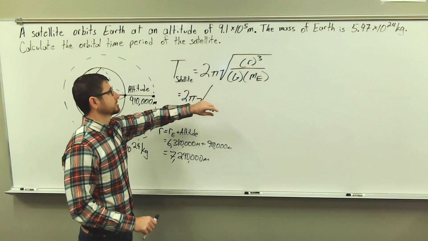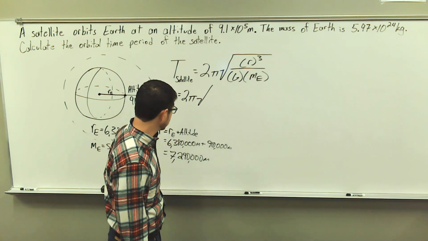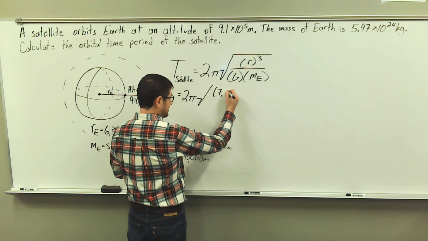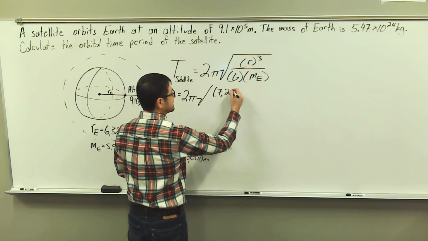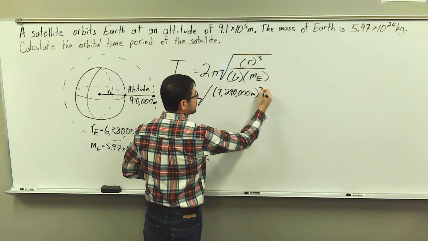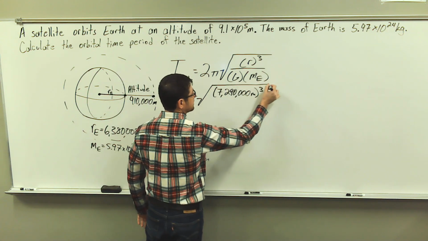So this r, underneath my radical in the numerator, now remember we do need to cube this value, okay? So in my numerator, 7,290,000 meters, quantity cubed, okay? We cannot forget our cube here.